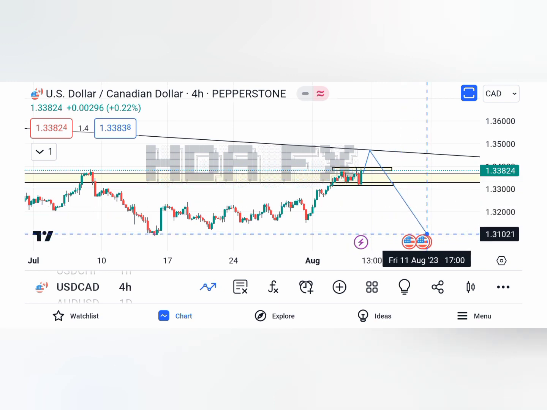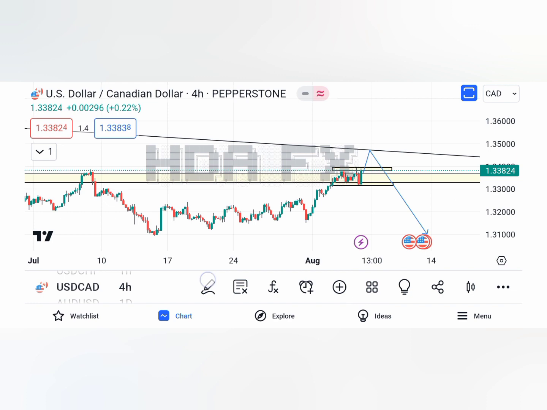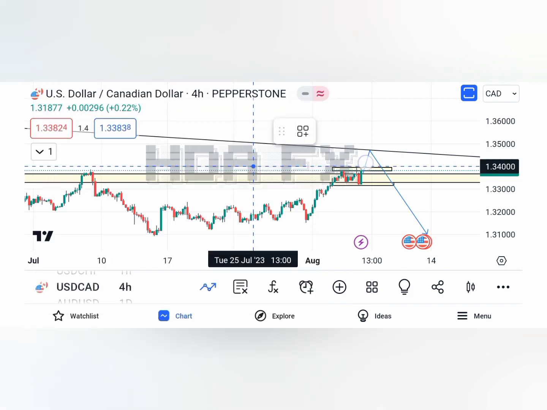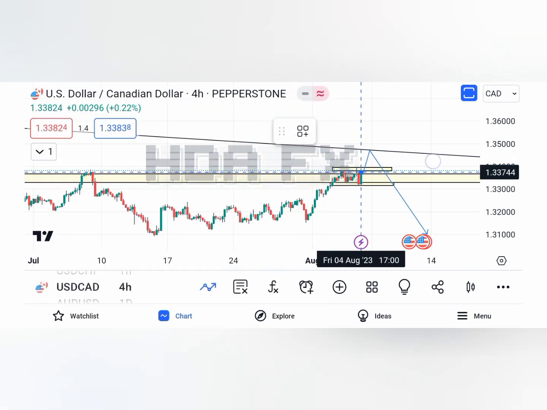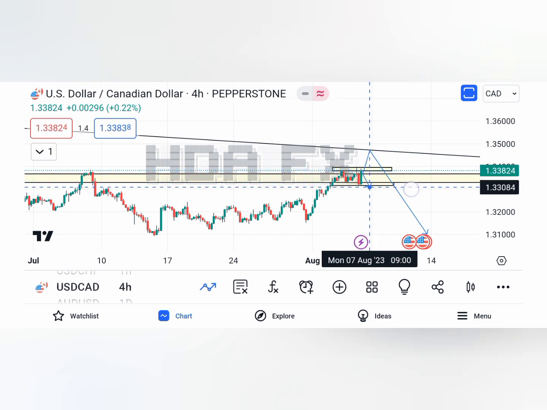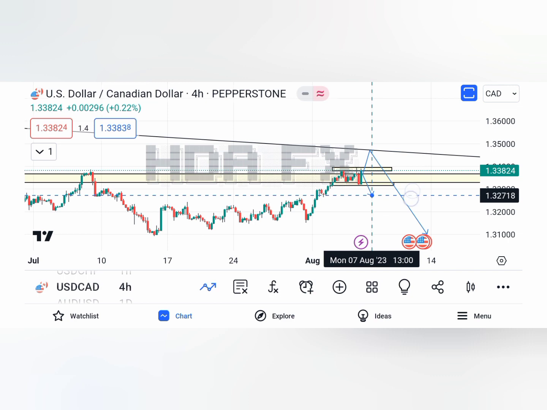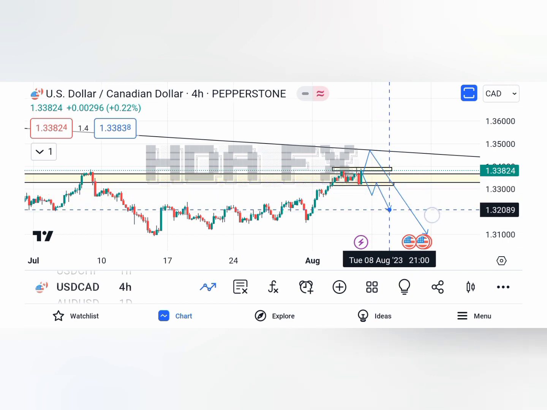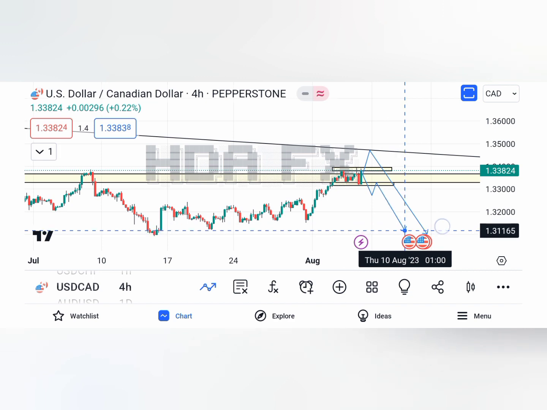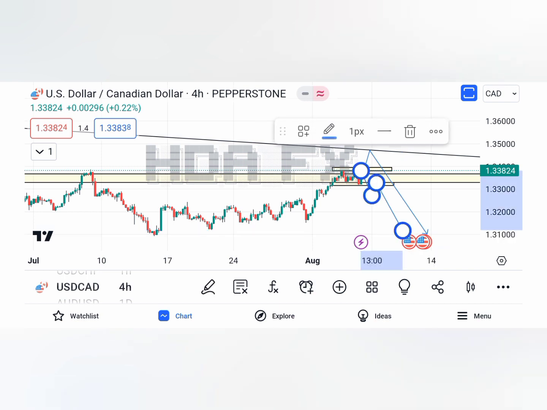I hope you are getting it, but if it doesn't happen like that, and USD card moves downward from this zone here, I want to see a breakout downward, then a retest to this zone here, then I place my sells, then see price going down. So these are the two scenarios that are likely to happen on USD card this coming week. So like I said, I'm bearish on USD card.